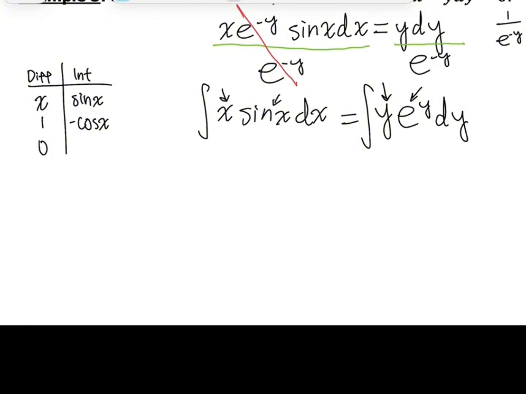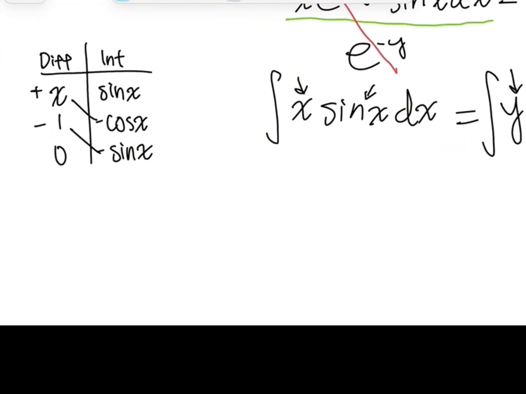Now we integrate it again and we get negative sine x. Now, remember the signs alternate for tabular, so you will have plus, minus, and you will multiply. Be very, very careful with the signs, okay? It is very easy to get messed up.